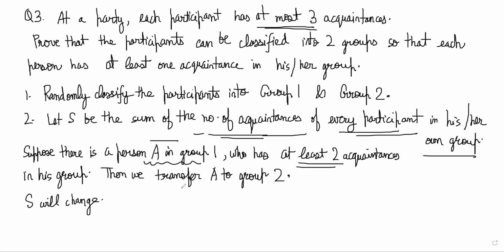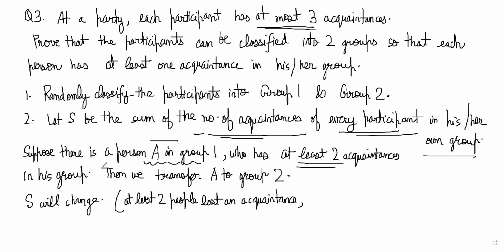So at least 2 people lost an acquaintance, right? Now it is possible that A knew someone in the other group, and since now he has gone to the other group, that person will gain an acquaintance, right?